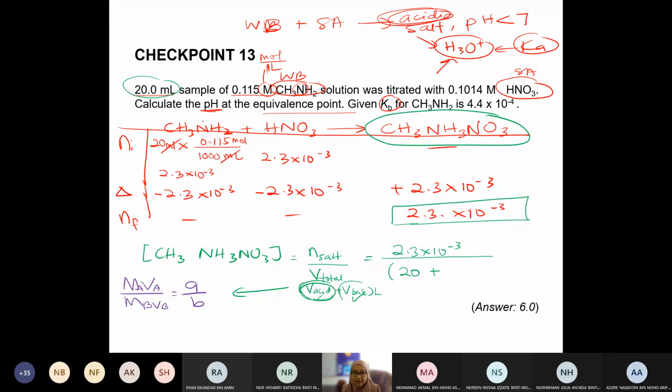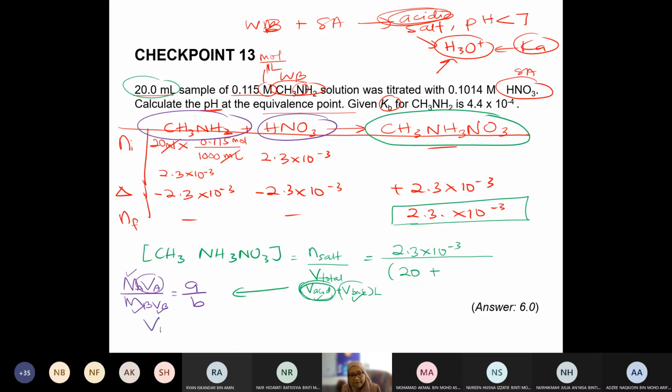Alright, so since we have the equation just now, it is a 1-to-1 ratio. Okay, the molarity of acid, we do have it in the question. Molarity of base, yes, we do have it. VB also kita ada, only this one, VA, needs to be determined. So everything is there. So kita pun carilah. Okay, alright. So masukkan all the data.